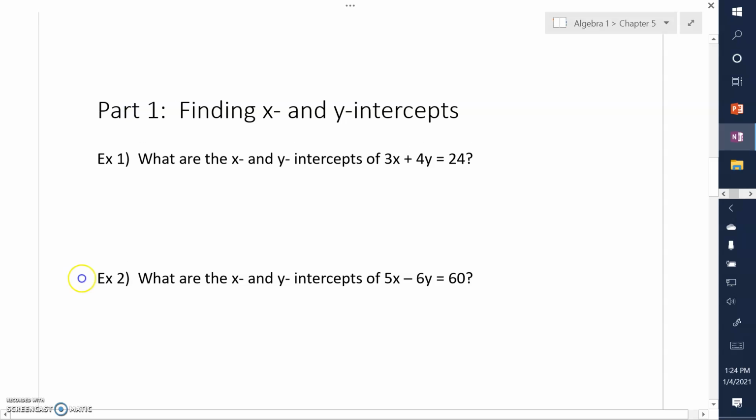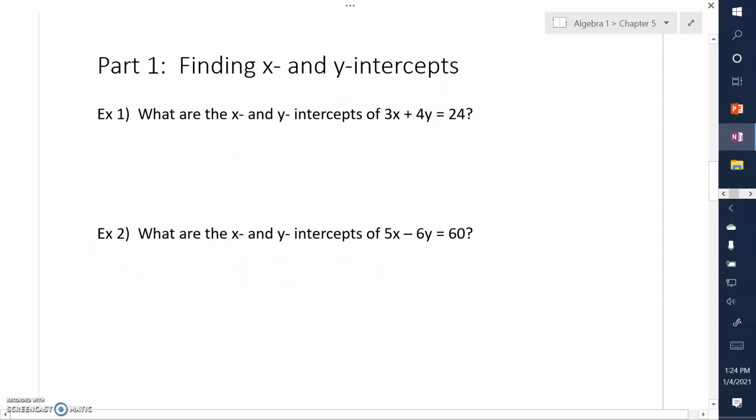So let's find the x and y intercepts for equations in standard form. Our first one is 3x plus 4y equals 24. And if you recall, the x-intercept, that's where it crosses the x-axis, so therefore y equals 0. And then the y-intercept is where it crosses the y-axis, so x equals 0. So all I have to do to find the intercepts is plug in 0.